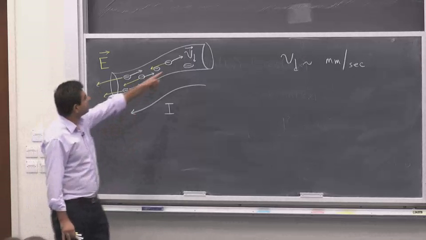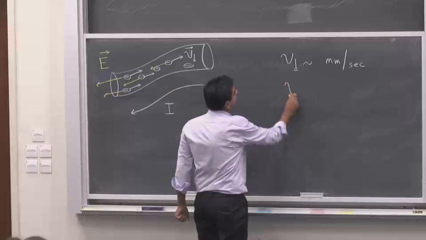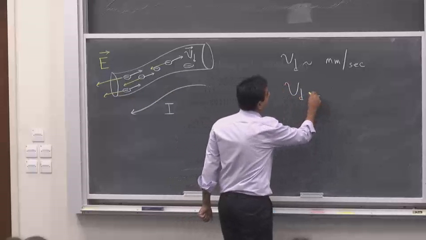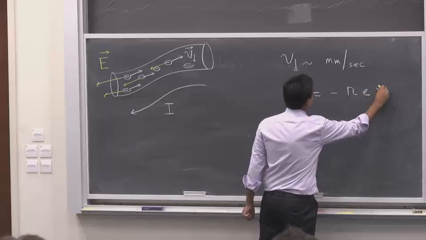So what we have is a drift velocity, we have an electric field. The drift velocity we already know for metals is given by minus neVd.